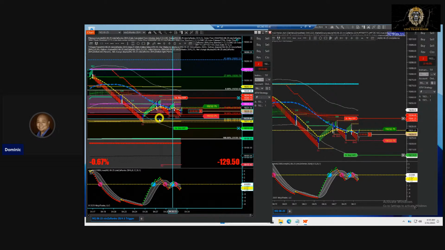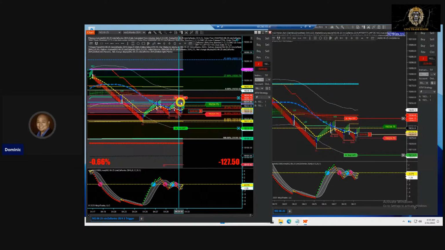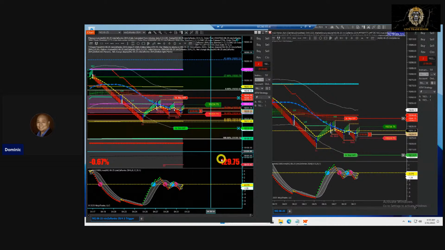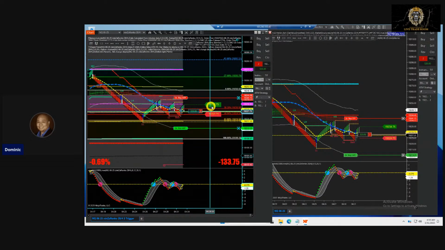You're still honoring this fib retracement. It still can go up and test up here. Again, if they break this lower high. See, my risk is not that bad for being two E-minis.